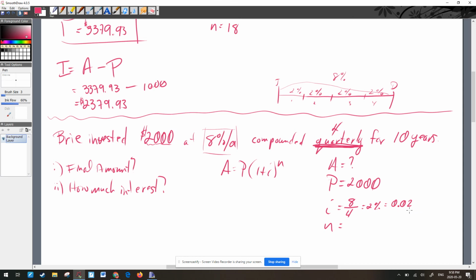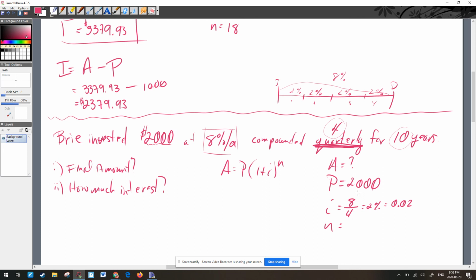Next, N represents the total number of compounding periods. Total number over the entire life of the loan, the investment, the whatever it is. So I get 4 quarters per year, and I have 10 years. So hopefully you can do that math in your head. That's going to be 40 compounding periods.